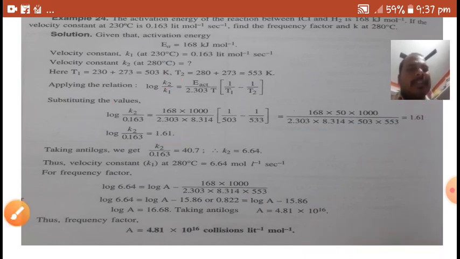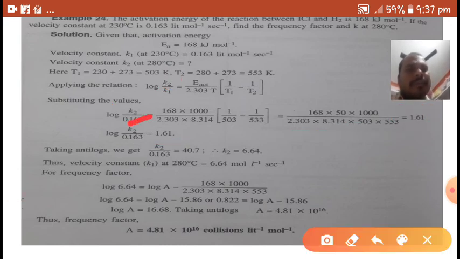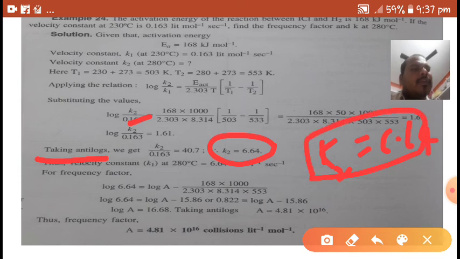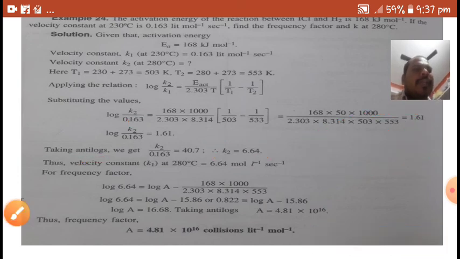To get the K2 value, taking antilog on both sides, K2 is equal to 6.64. So we have calculated the K value at 280 degrees centigrade from the Arrhenius equation.